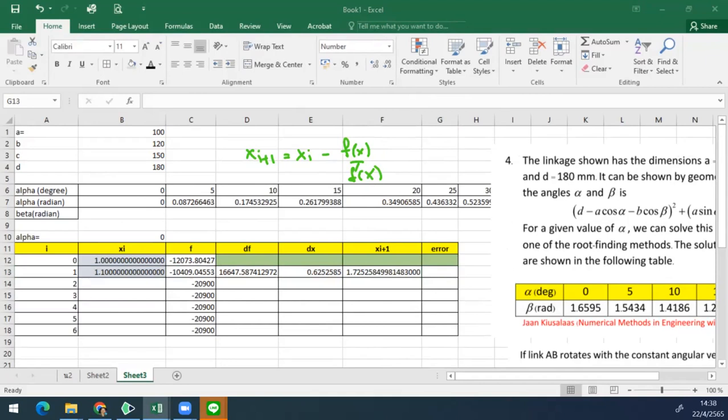The error is the difference between two values, right? Maybe this one minus the previous one that we approximated, divided by the updated one, because it's the update, it should be the correct one. Okay, we have 99% error for this case.